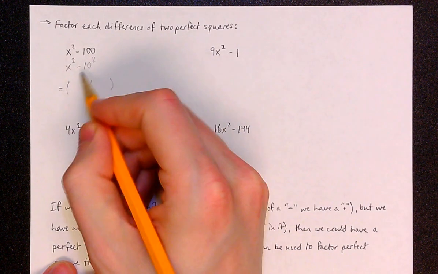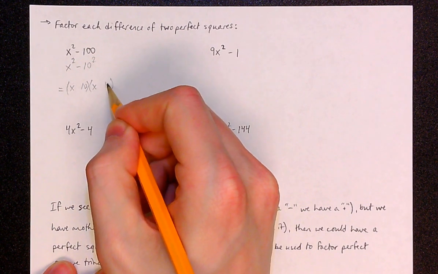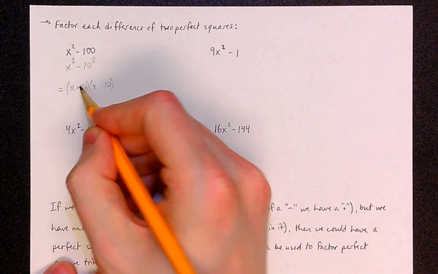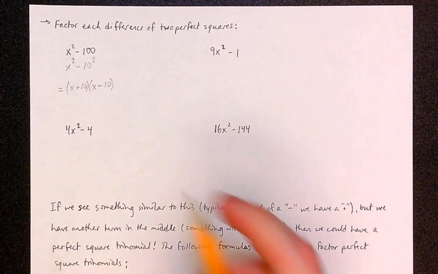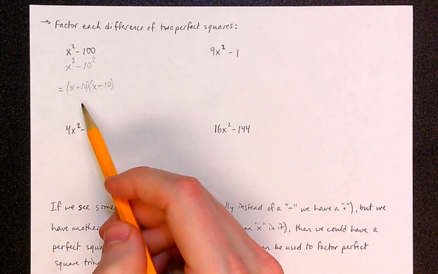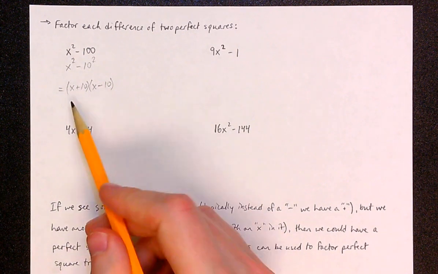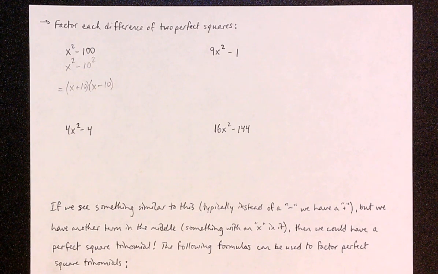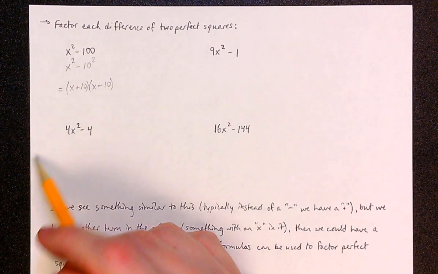I have the x's and the 10s, and one is plus and one is minus. Recall that when it's the difference of two perfect squares, you're multiplying two binomials. The terms in the binomials are the same, but the signs in the middle are just different. So x plus 10 times x minus 10.